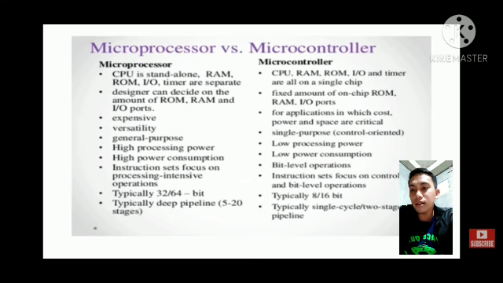Typically single cycle, two-stage pipeline, while typically in the microprocessor, deep pipeline, 5 to 20 stages pipeline. That's the difference between the microprocessor versus the microcontroller.